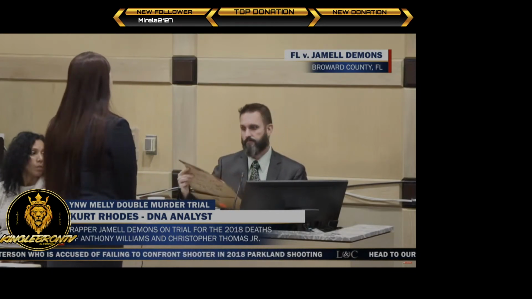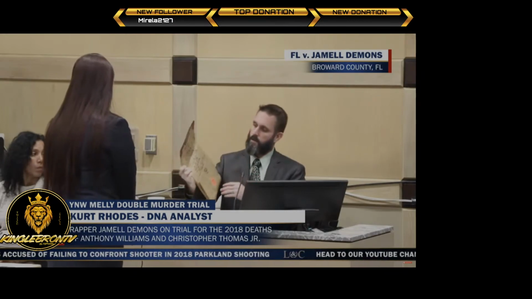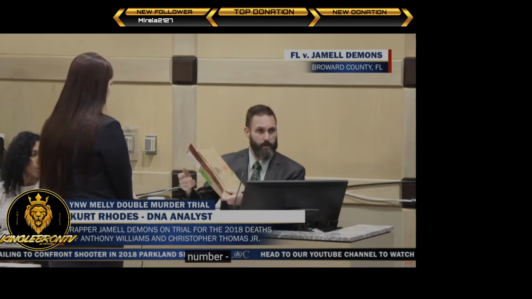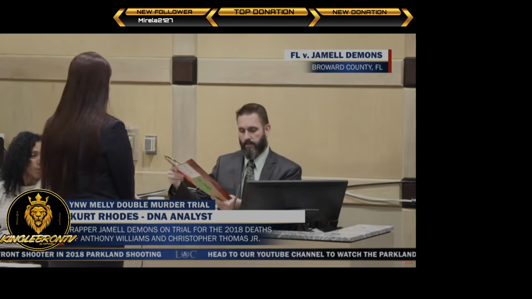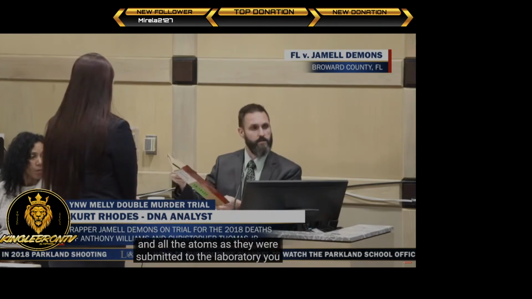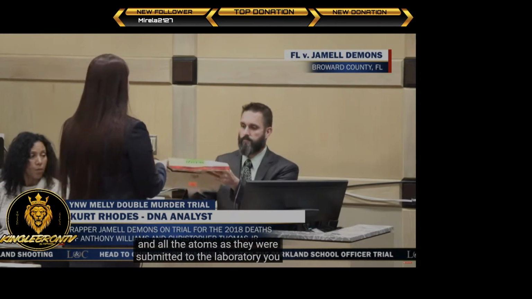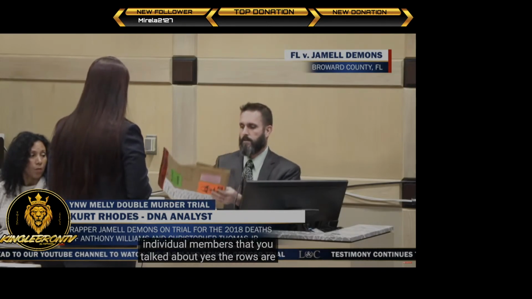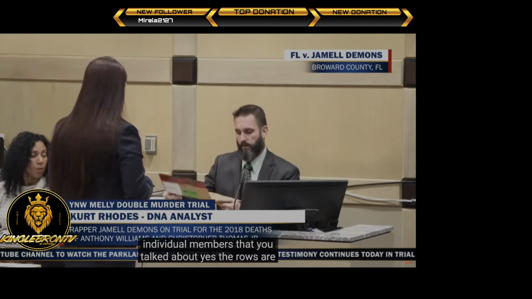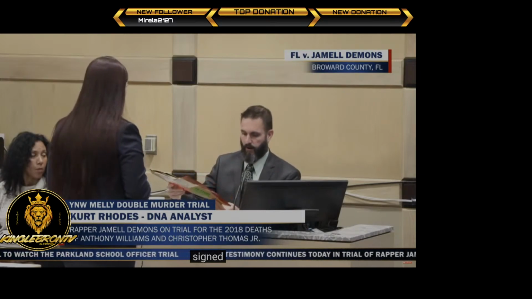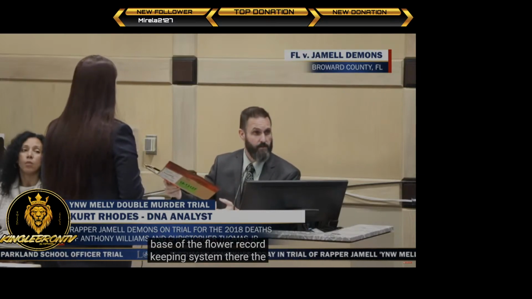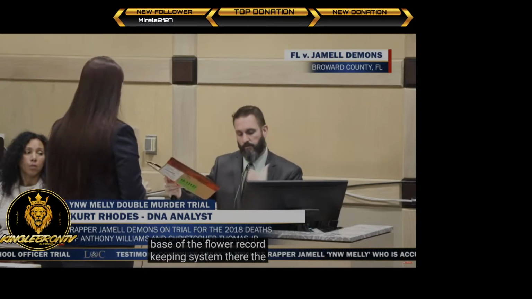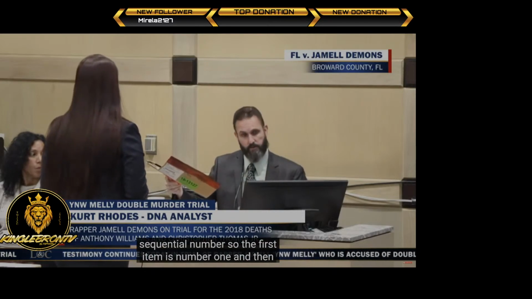Yes. And how do you recognize that? On the back, it has my laboratory number, my initials, and all the item numbers as they were submitted to the laboratory. And do you then assign the individual numbers that we talked about? Yes, the numbers are assigned based off our record-keeping system. They're a sequential number, so the first item gets number 1, and then sequentially down the line.